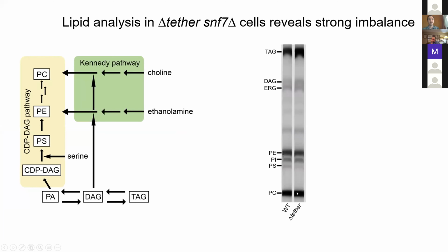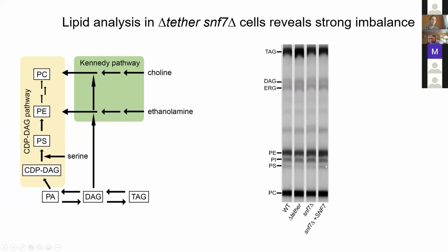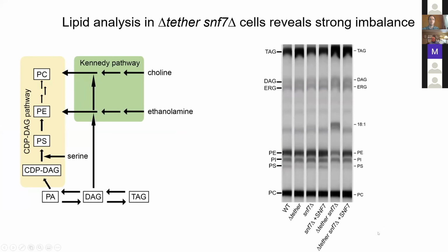As you can see, wild type and delta tether cells have fairly similar lipid profiles. Delta tether certainly has lower PS levels and higher triacylglyceride levels. And when I looked at the SNF7 mutants, their lipid profile looked very similar to wild type cells. However, the delta tether SNF7 synthetic sick mutants grown in synthetic media had a very strange lipid profile.